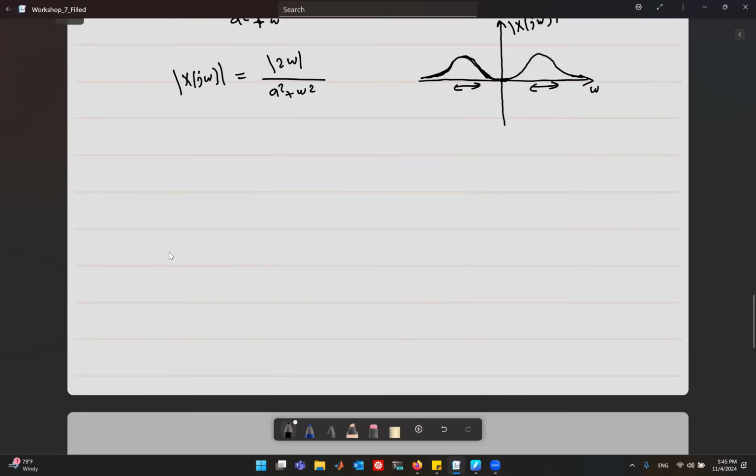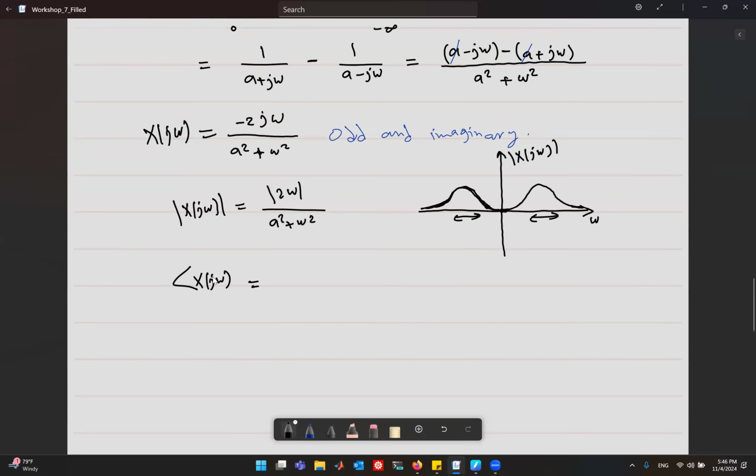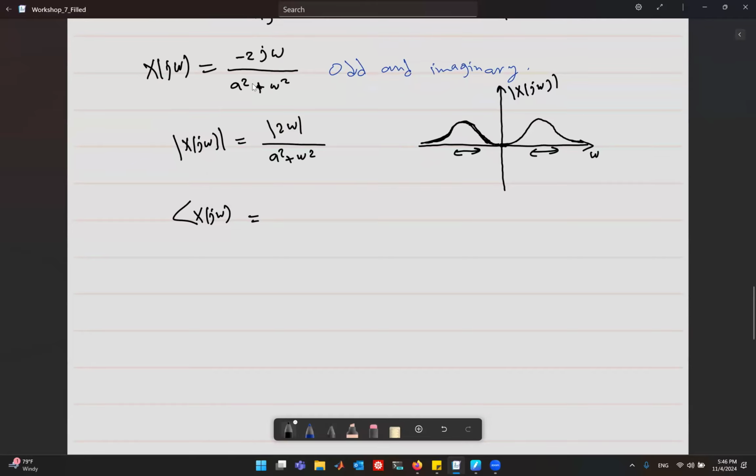We plot the phase of this Fourier transform. If you calculate the phase for this signal, you will get minus pi over 2 or pi over 2, when omega is positive and when omega is negative.